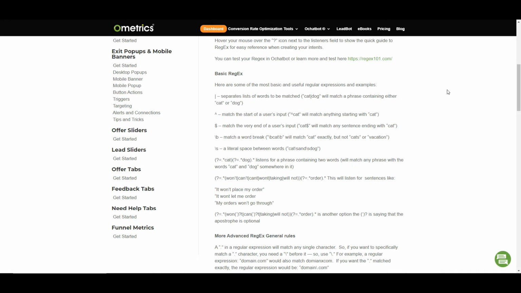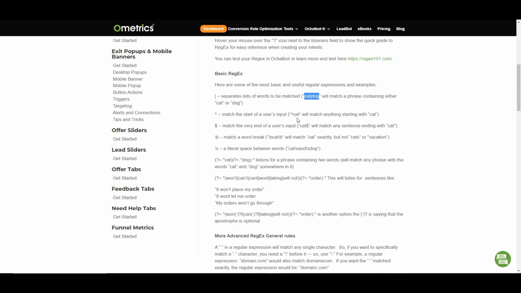So if you had big cat, it will also pick up big cats with an S. If you want to list a number of terms like cat and dog, then you put a pipe in between the cat and the dog like this. You can have a number of these listed, like cat, dog, mouse, etc. And it's basically an or sign. Cat or dog, and it will trigger.